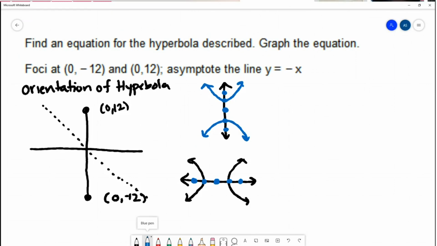You can see here, because the two foci are on the same vertical line, I have a vertical orientation, or a vertical transverse axis. So we know we have a vertical transverse axis.